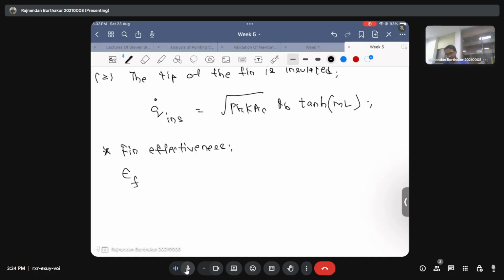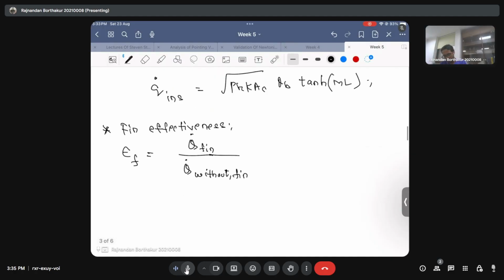This effectiveness is defined as the rate of heat transfer from the fin to the rate of heat transfer without the fin. Effectiveness says how effective we are in dissipating heat to the ambient when we install a fin. That's another way of interpreting fin effectiveness.